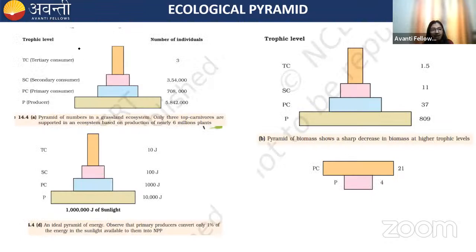So this one is the pyramid of number in a grassland ecosystem. As you know, a pyramid has a triangular shape, with a broader base and pointed at the apex. When we obtain this type of pyramid, we call it an upright pyramid.